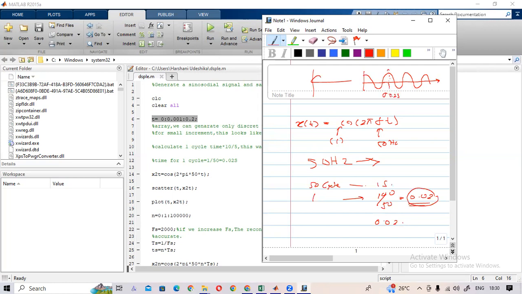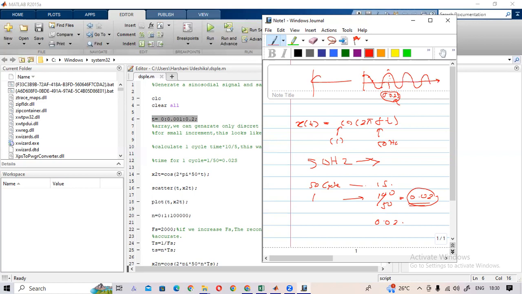So when you are selecting the time, the gap should be very much smaller than 0.02 second, because you need at least some points here to get a smooth graph.